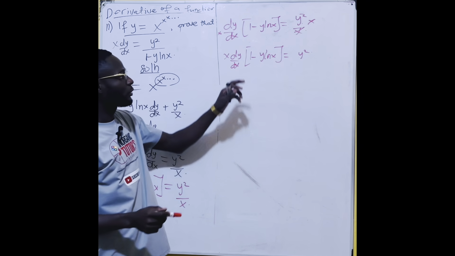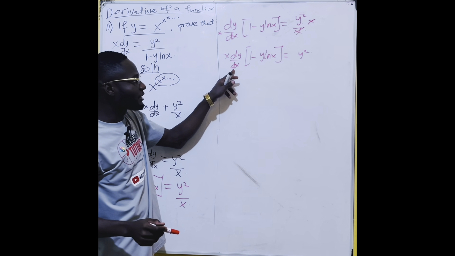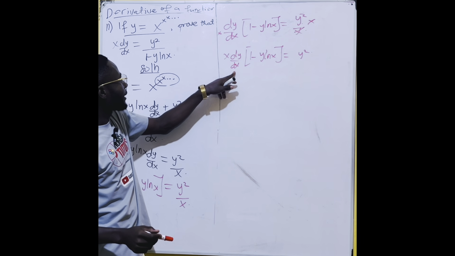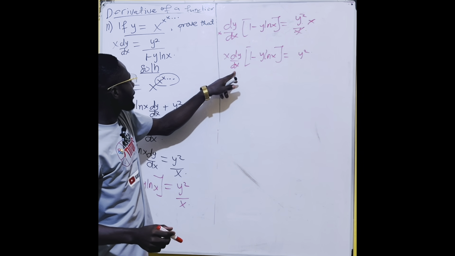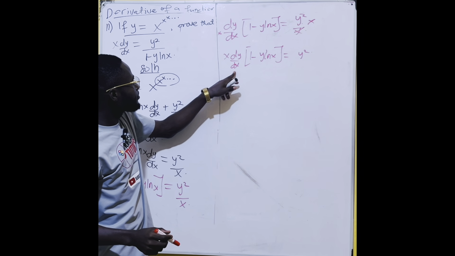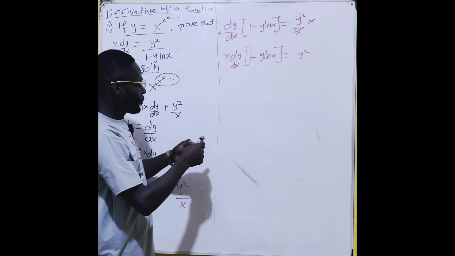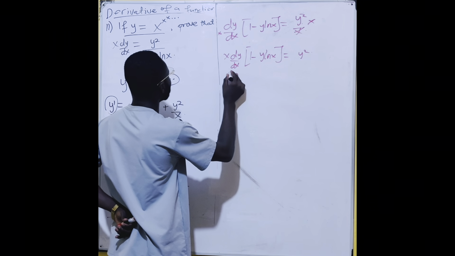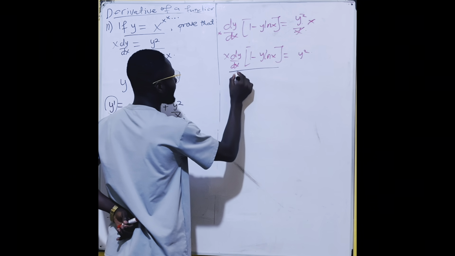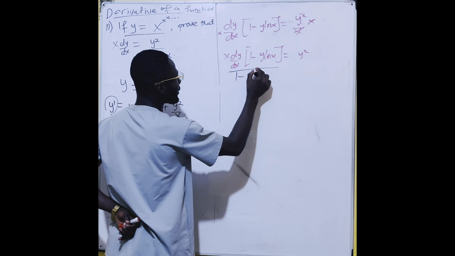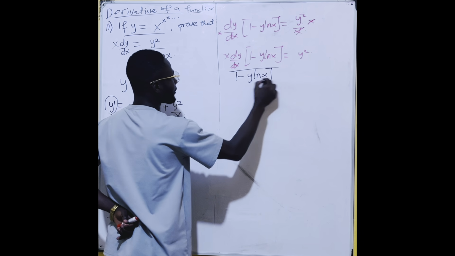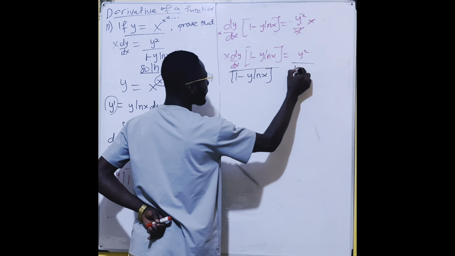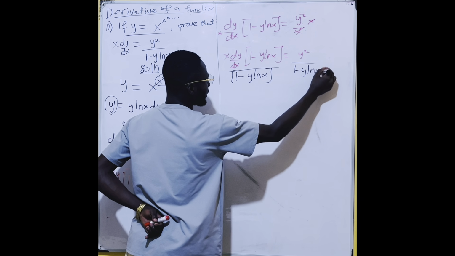right? So now we are interested in the dy/dx, right? So let's divide here by 1 minus y ln x, here by 1 minus y ln x.